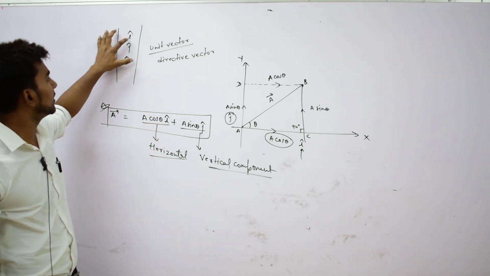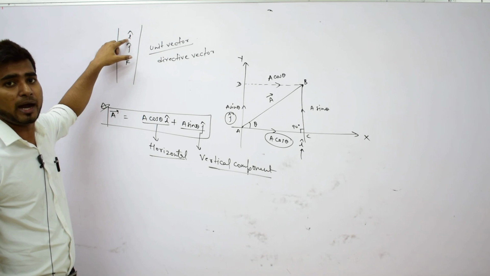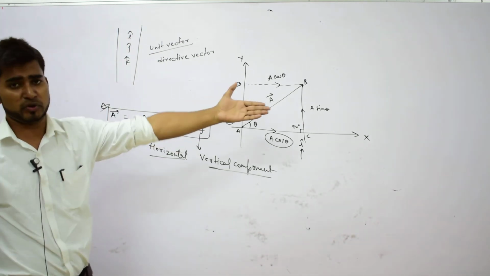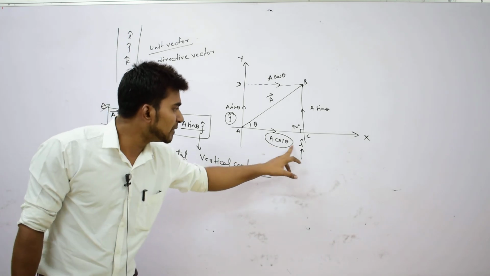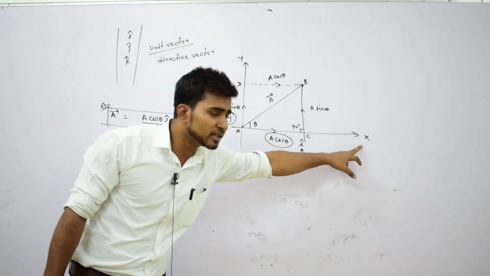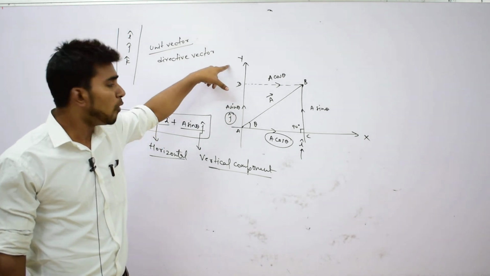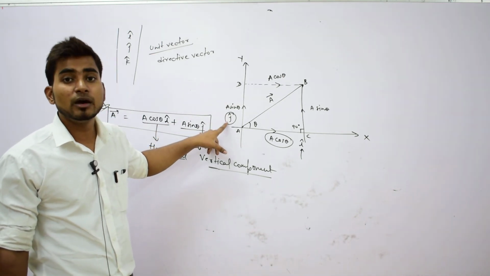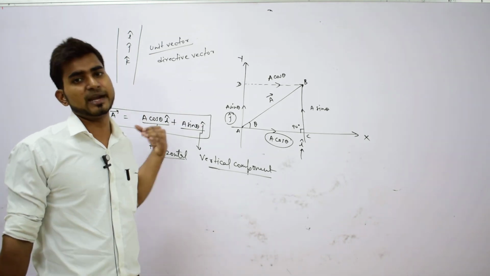For representing the positive x direction, we use I cap. I cap gives the unit magnitude in the positive x direction. Whatever the magnitude of the vector, we simply multiply with I cap for denoting the x direction. J cap represents the positive y direction with unit magnitude, and K cap represents the positive z axis direction.